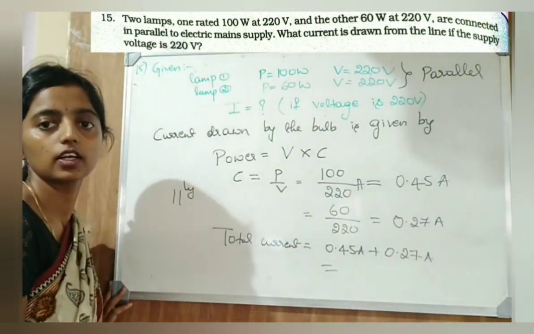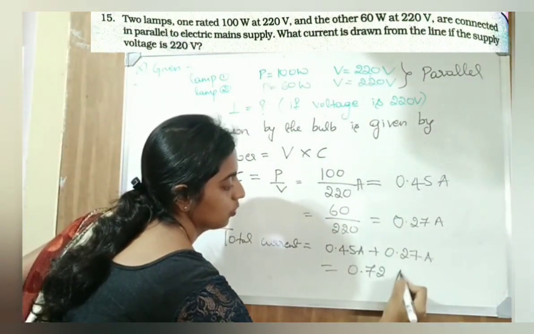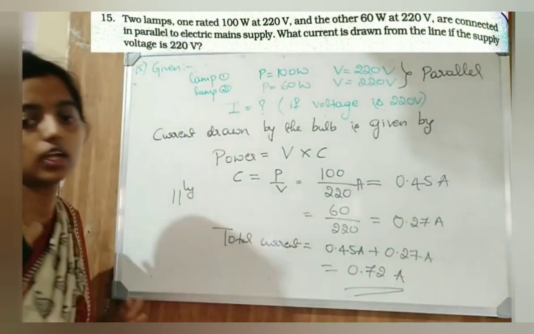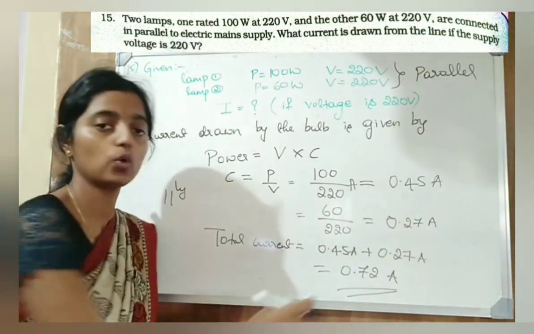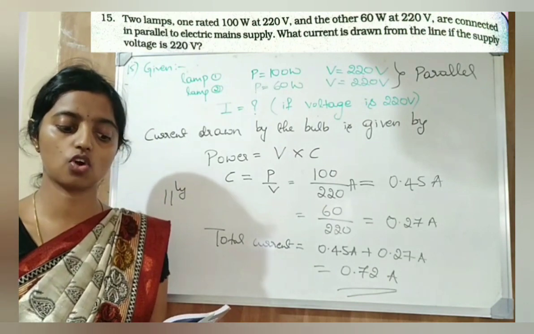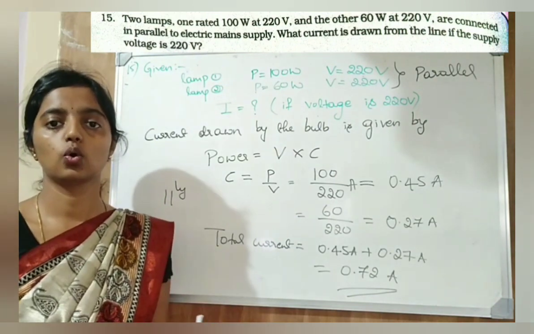We will get 0.72 ampere. Therefore, 0.72 ampere current is drawn from the line if the supply voltage is 220 volt.